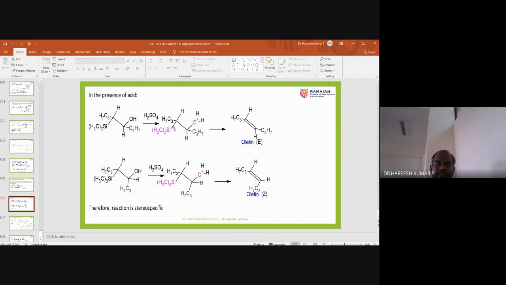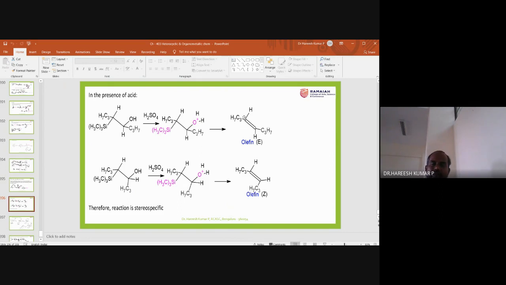So why is this bond pair coming? Because HSO4 minus can form a bond with the silyl. That is the reason this bond pair is coming out and this is going out. That is how an olefin is obtained. You can observe this olefin carefully. This is H and this is propyl group.